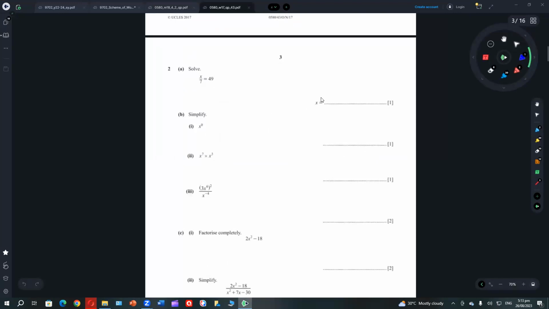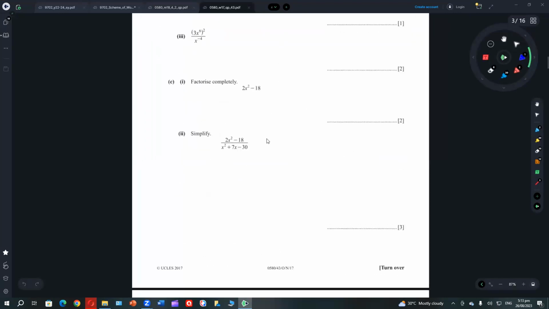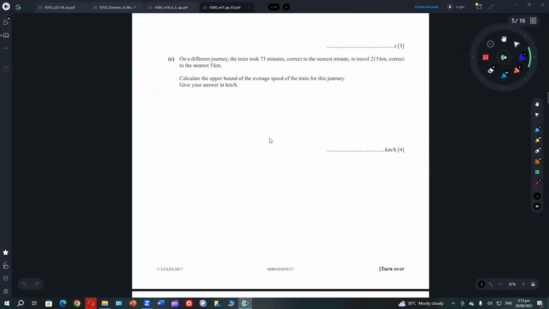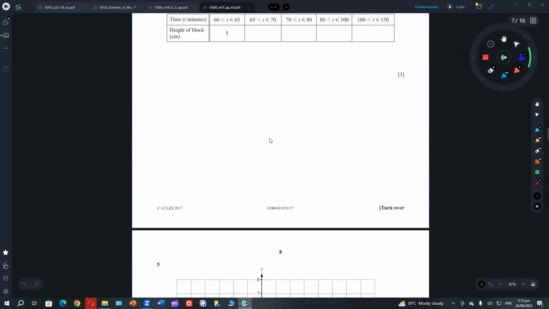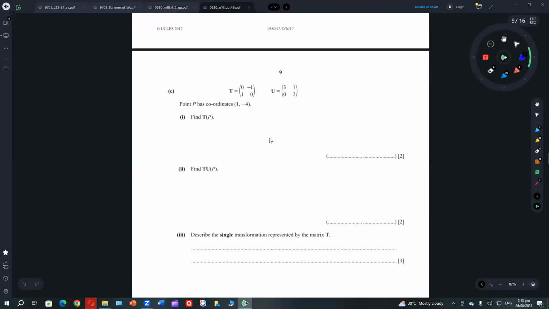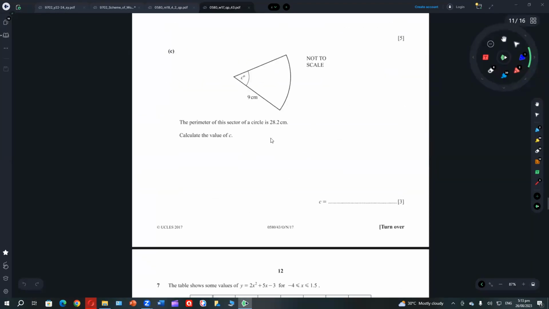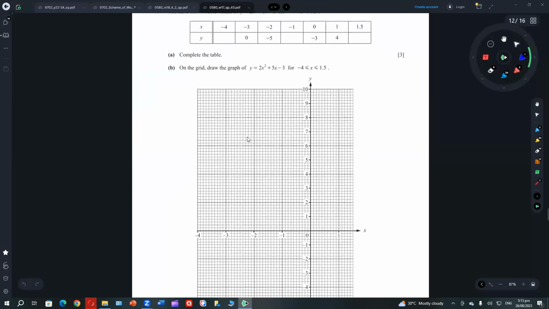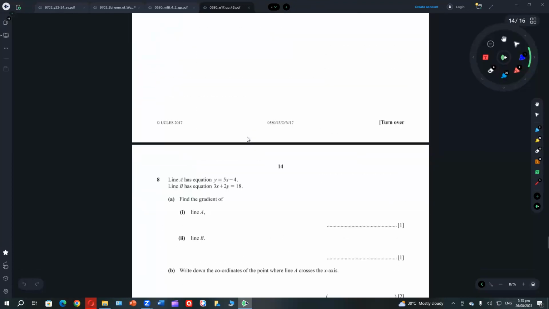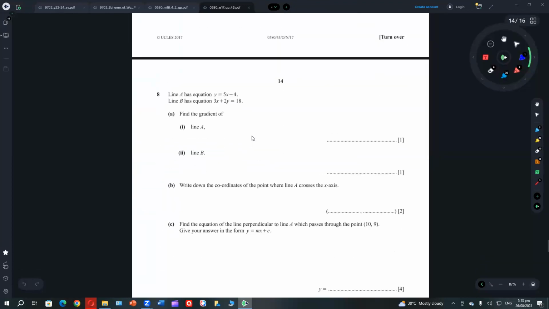And can you please give me the question number? Question 8. Yes. Line A has equation y is equal to 5x minus 4.